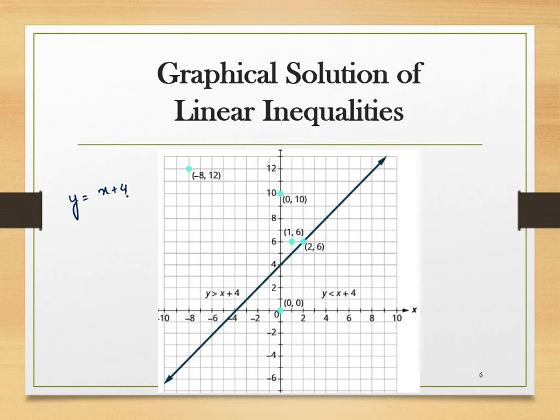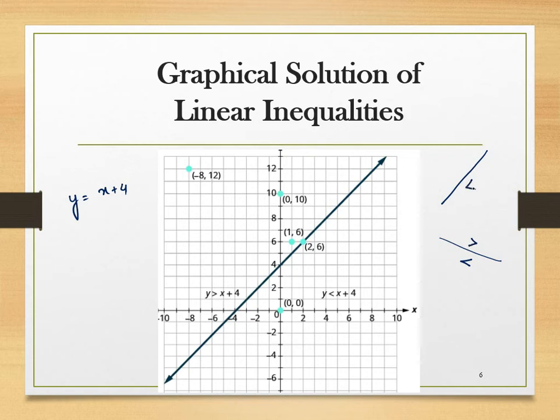Remember that whenever we have a diagonal line, the region below the line is the lesser region, and the region above the line is the greater region.